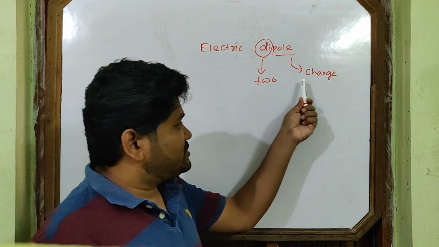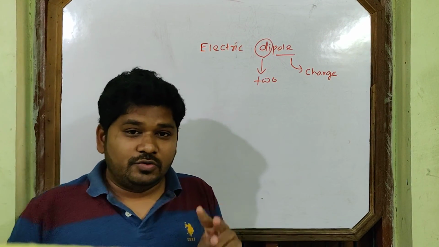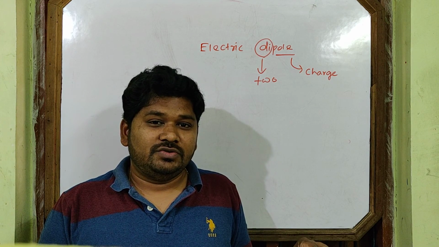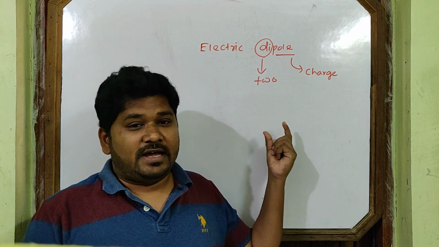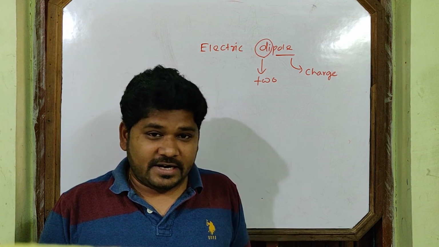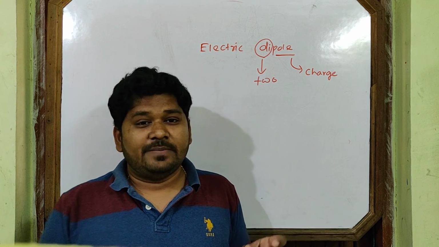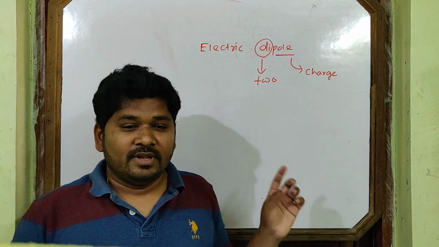So 2 charges. What is an electric dipole? Two charges equal in magnitude separated by a finite distance is called an electric dipole. Again I am repeating, electric dipole means 2 charges equal in magnitude separated by a finite distance.